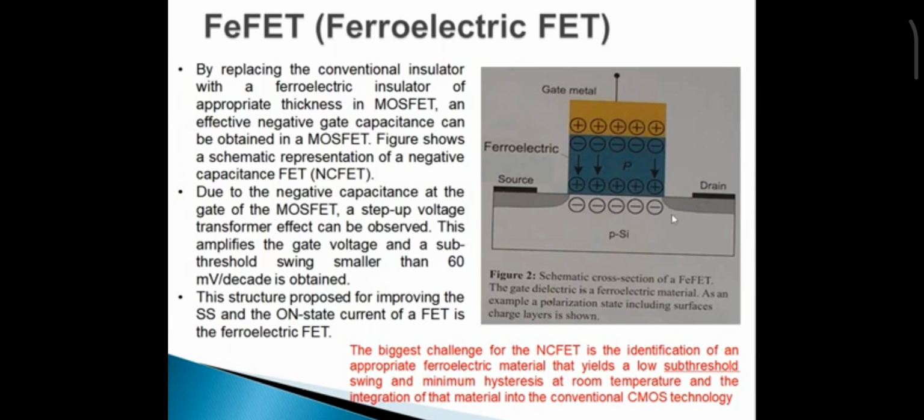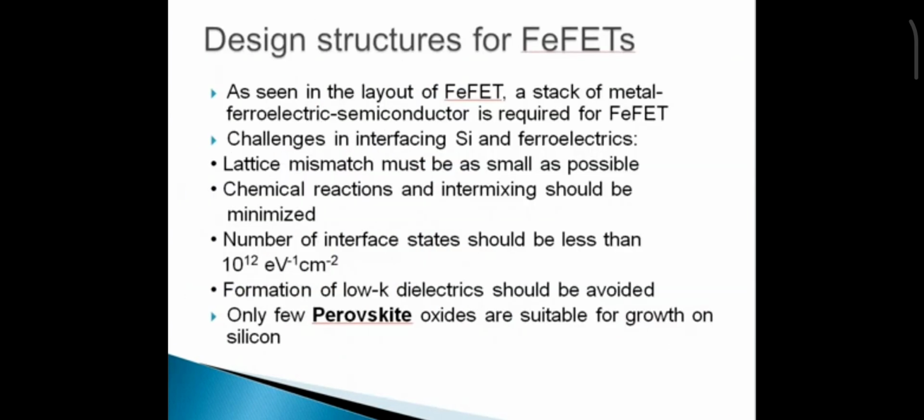A stack of metal, ferroelectric, and semiconductor is required in a ferroelectric field effect transistor. But there are a number of challenges in interfacing silicon and the ferroelectric material. First, the lattice mismatch must be as small as possible. Second, chemical reaction and intermixing should be minimized.